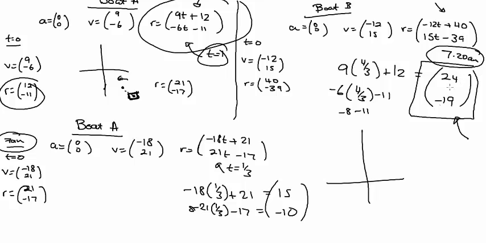So we know that's at 15 minus 10, and the other is at 24 minus 19. So we just need to find that distance, which can be done. You can take one away from the other to see the distance between them. 9, 9. Is that right?